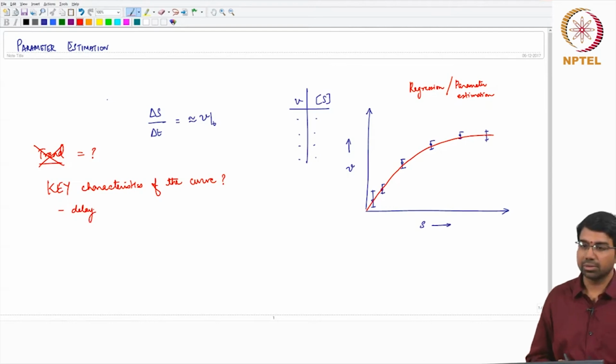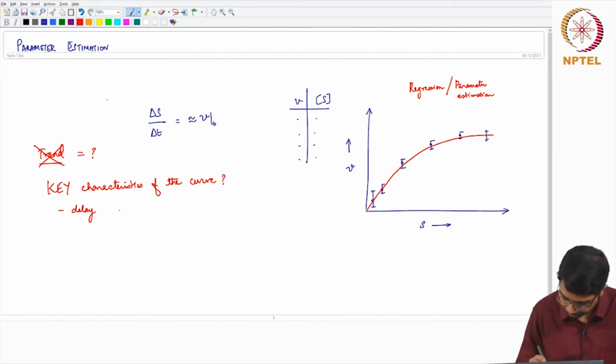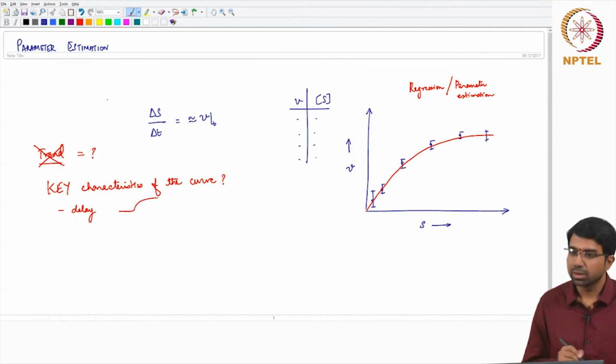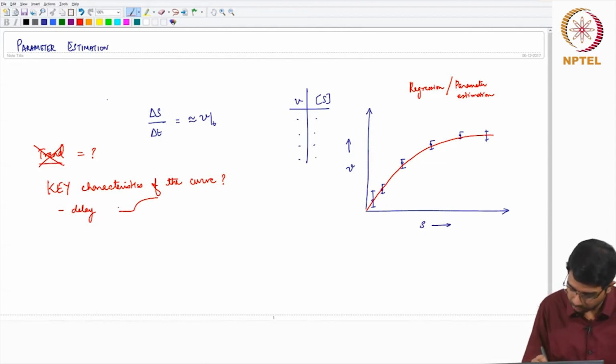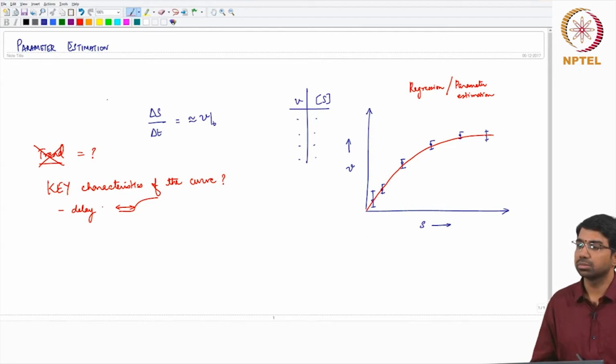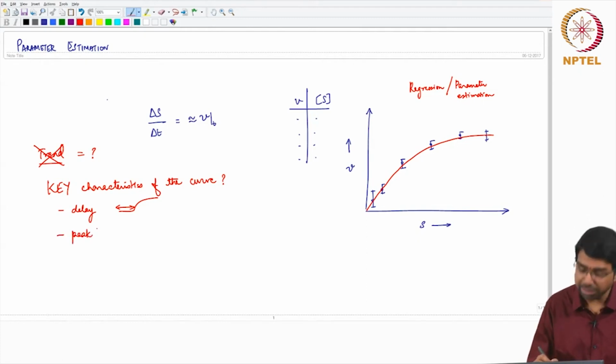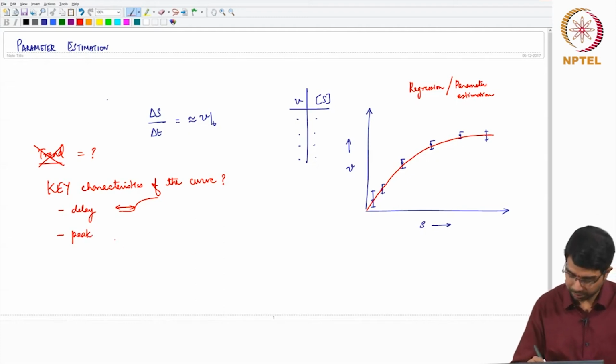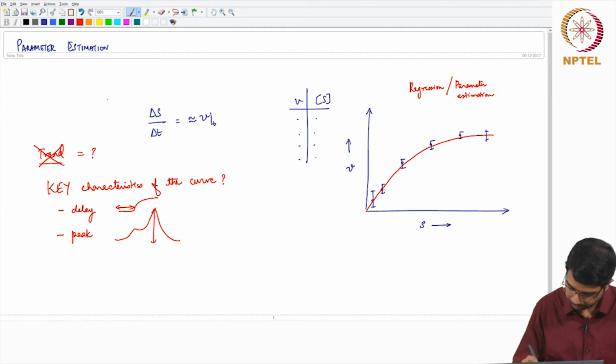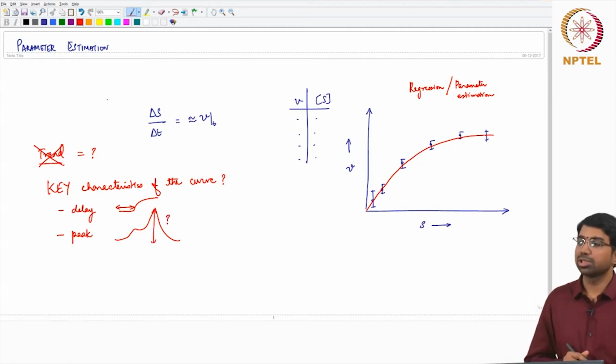What could be the key characteristics of a curve? You may have a delay, like this. So you may be interested in capturing this delay in your model. You may have a peak. Are you able to capture this?